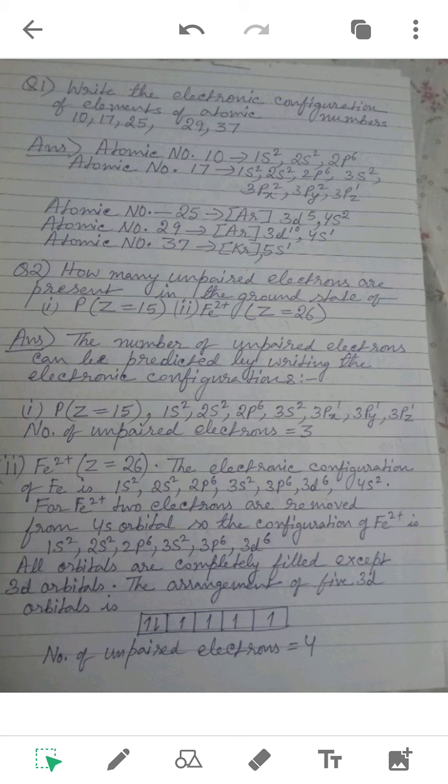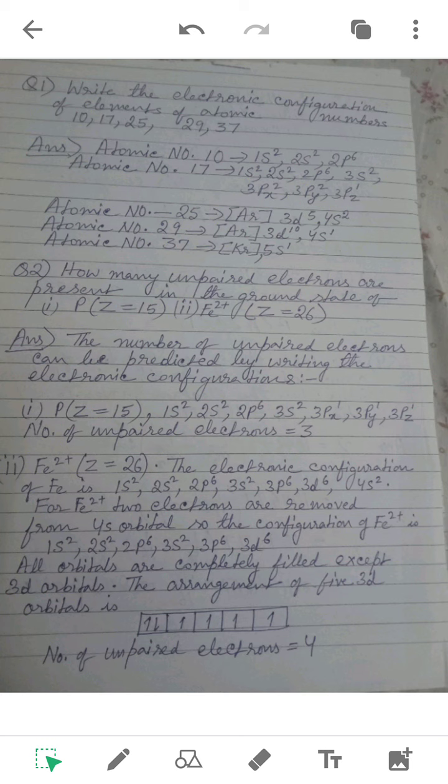Now question number 2. How many unpaired electrons are present in the ground state of P, that is phosphorus, whose atomic number is 15, and the Fe2+ ion whose atomic number is 26? Now the answer.